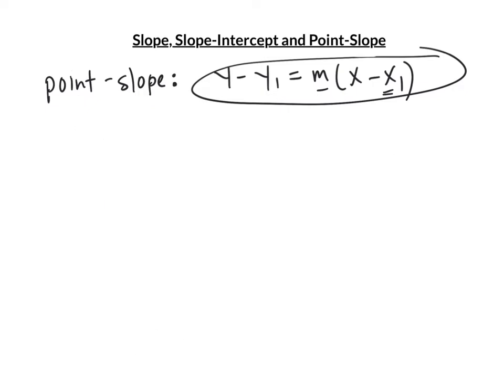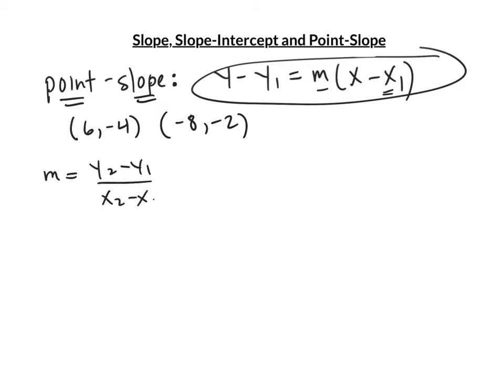The second case for using point slope is if we're given 2 points. So if we were given points like 6, negative 4, and negative 8, comma, negative 2, the issue would be we need a point and a slope. We have 2 points. That means we need to get the slope. And we know that slope is y2 minus y1 over x2 minus x1.